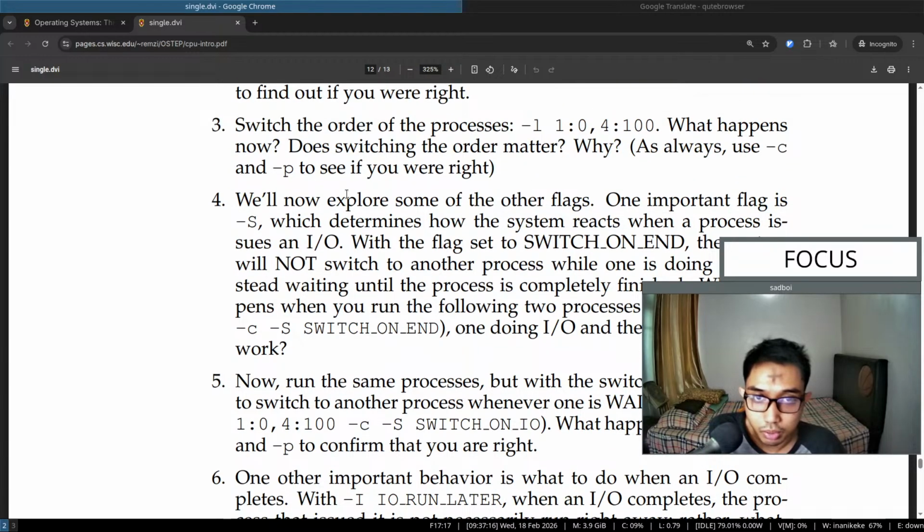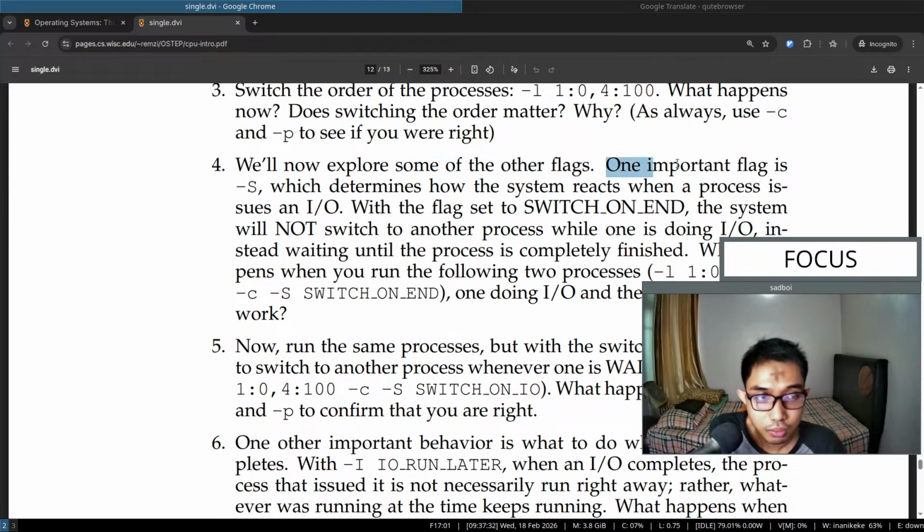This is my hypothesis, which might be wrong. But we will see. We will now explore some of the other flags.